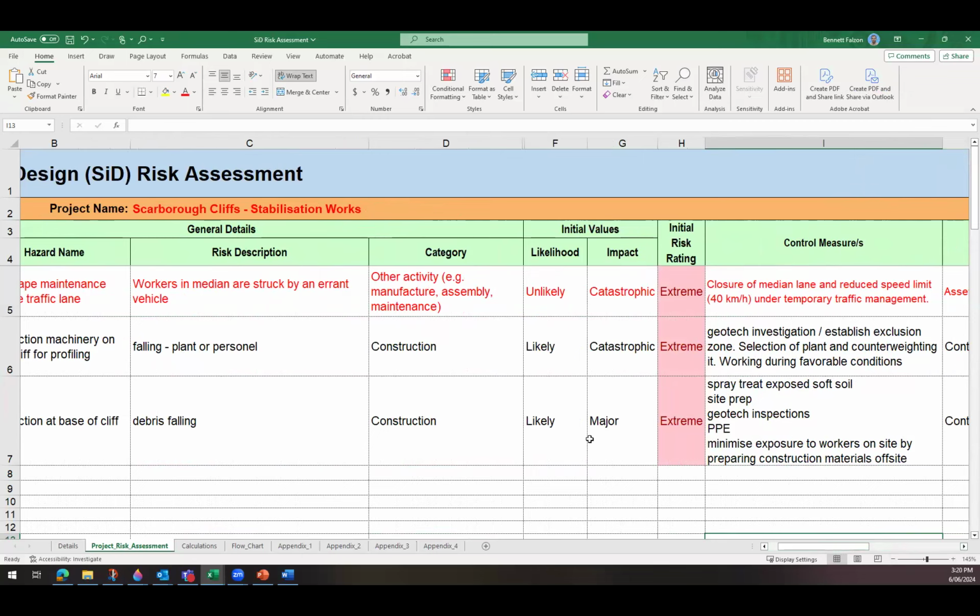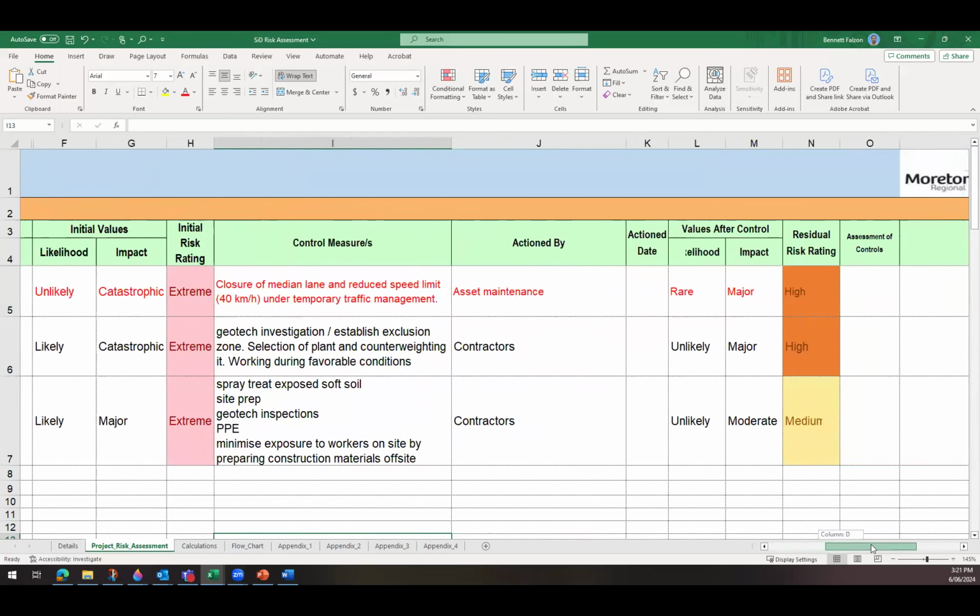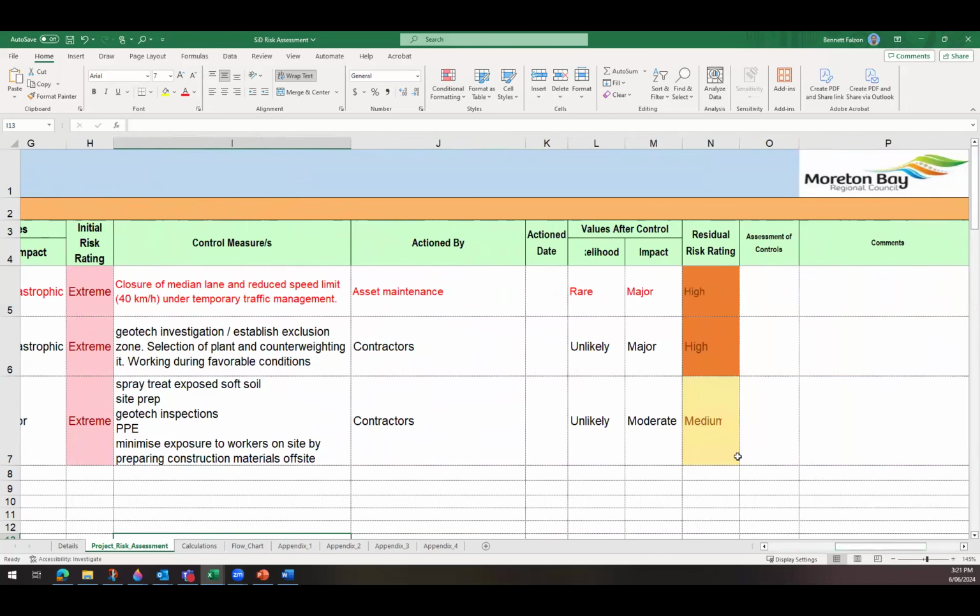It's likely and could be a major impact. Some of the control measures would be spray treating exposed soft soil, proper site prep, geotech inspections, staff to wear PPE, and minimizing exposure to workers on site by preparing construction materials off site where that can be done. That would drop it down to a medium risk.